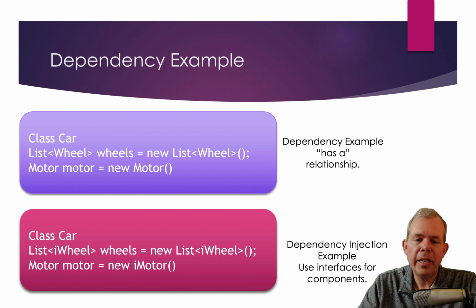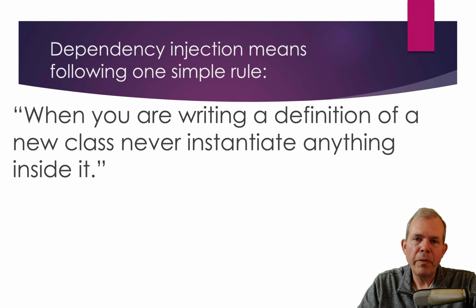In the case here, we could swap out the wheels of a car using an interface rather than a hard-coded value. So just remember the one final rule: when you're writing a definition for a class, don't instantiate anything inside of it. Think of dependency injection as a better design pattern that will be more flexible for you in the long run.